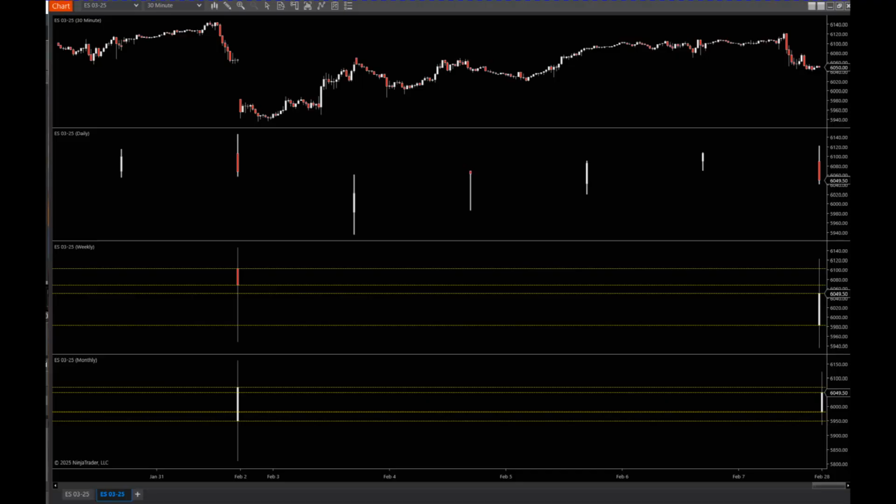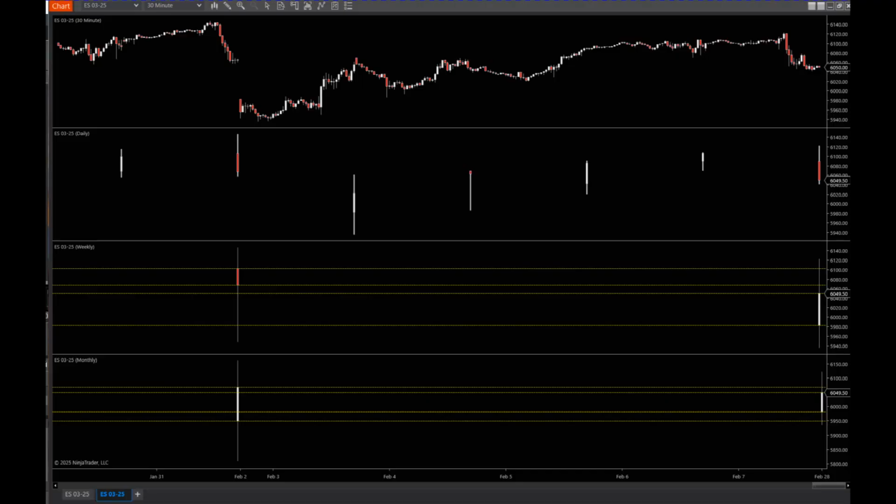So by leveraging both time frame specific open and close data and the JATS PT levels, you can navigate markets with much greater confidence and precision.